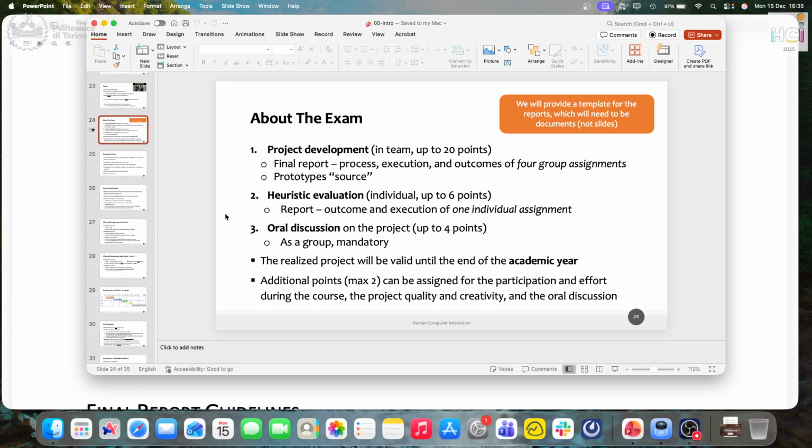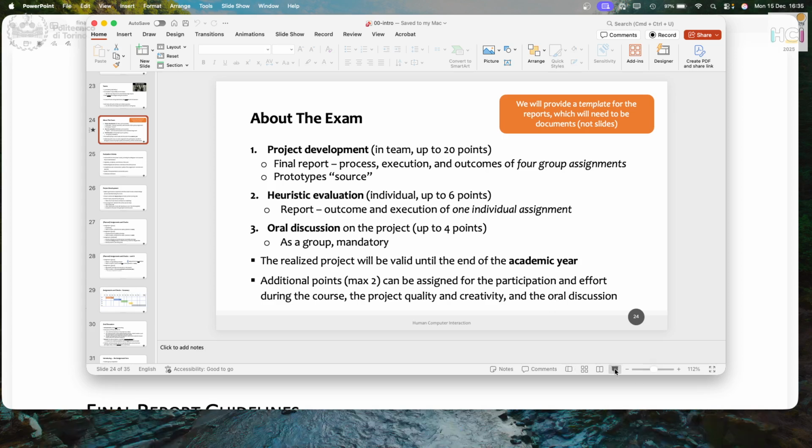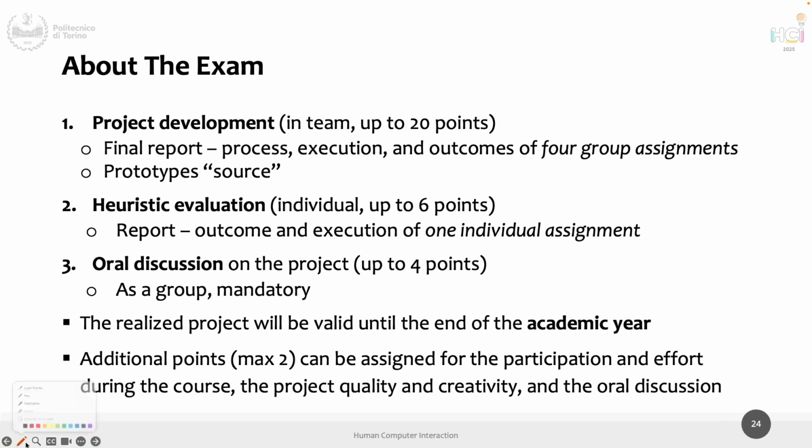So when you came to the exam the first time, we already know this and this, because this is grading we did before the oral exam. In the oral discussion, you play mostly for this and for this.